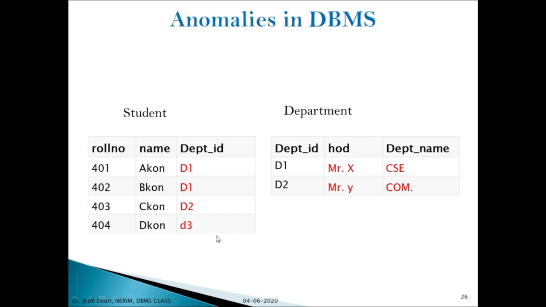D3 will not be allowed to insert in the student table, in 404, because D3 does not exist in the department table as a primary key, right? This kind of problem is called an insert anomaly.